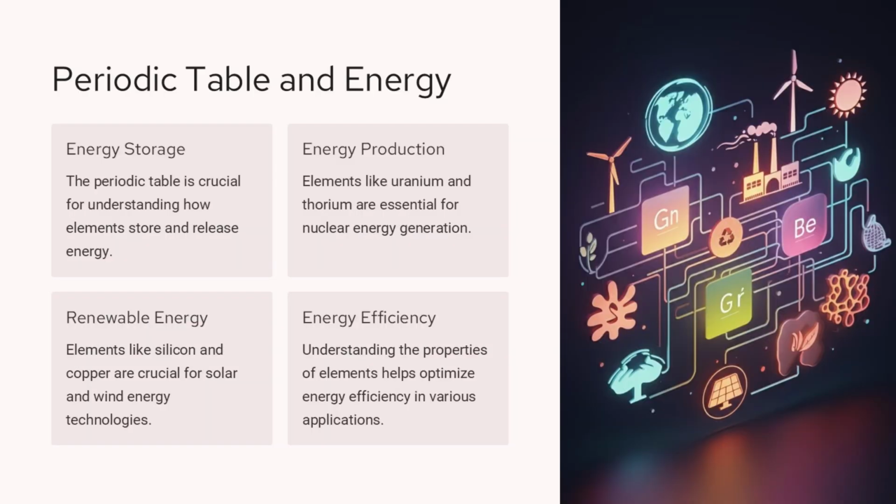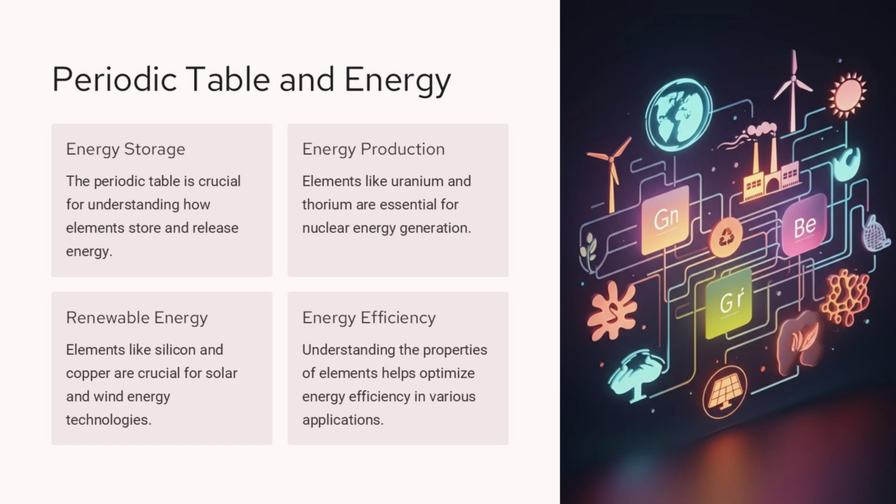The periodic table is a powerful tool for understanding how elements store, release, and enable the production of various forms of energy. Energy storage is a key property of many elements. We'll explore how the periodic table helps us understand this. Elements like uranium and thorium are essential for nuclear energy generation, which is a major source of power.